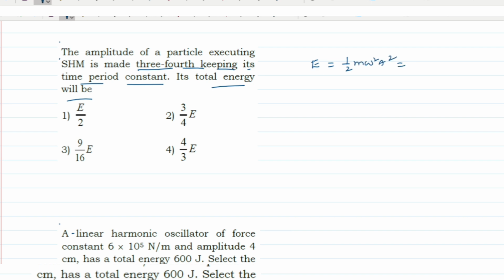In terms of time period, it is half into m into 2 pi by T whole squared into A squared. E is directly proportional to A squared.